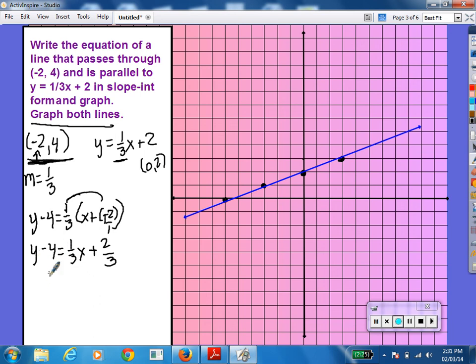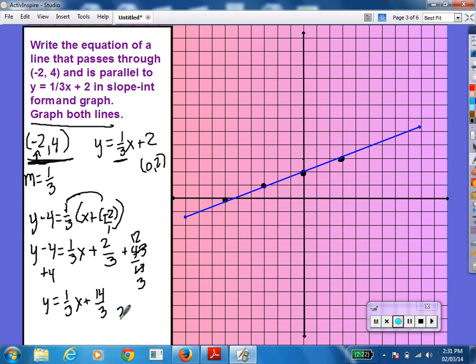So now what we got to do is put it in slope-intercept by moving the 4 over here. So y equals 1/3 x. We're going to have common denominators here, so we're going to multiply 4 times 3. That gives us 12/3. So we have 14/3. Now, this is our y-intercept, and I got to tell you that that's probably not going to be real easy for you to figure out.